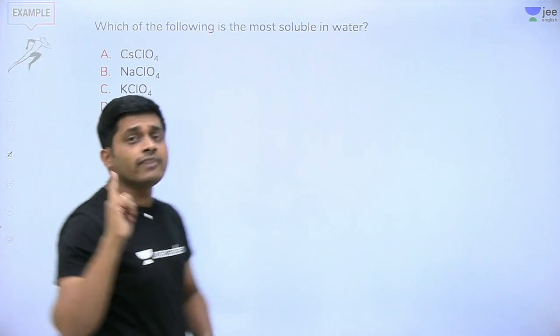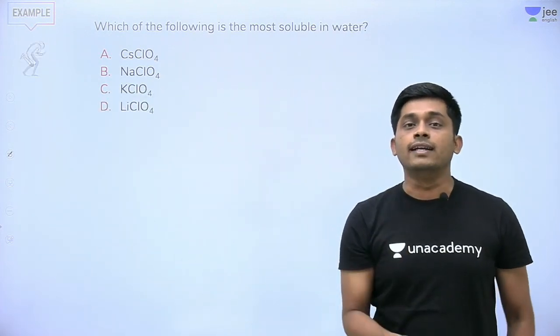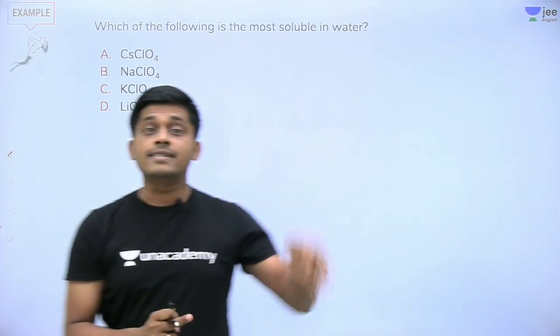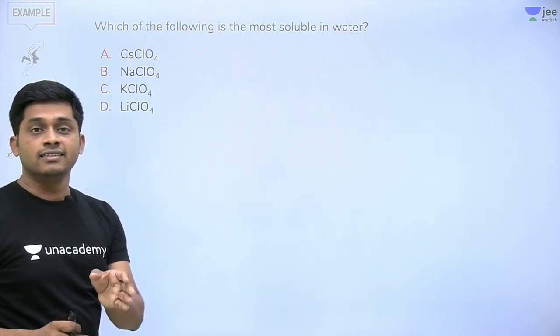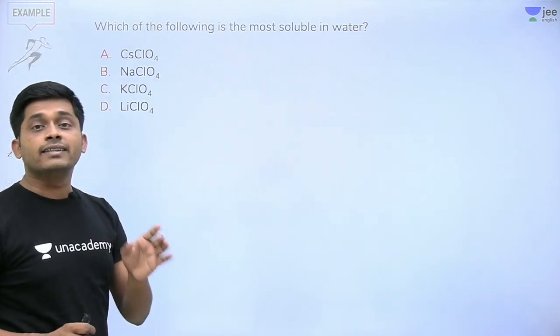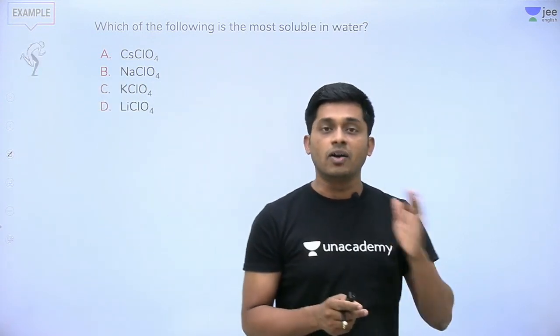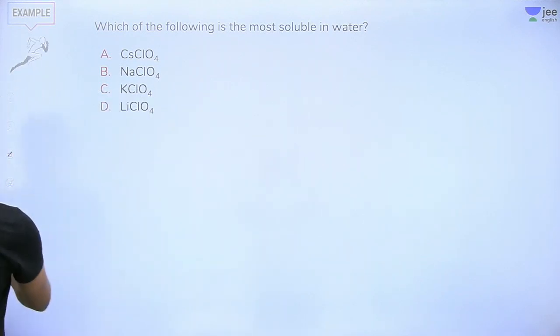Yes, this is a very important question because with all oxo salts, carbonates, bicarbonates, the solubility is different. Perchlorate, this was the previous question, solubility order. So don't miss this question. So what is the answer for this?